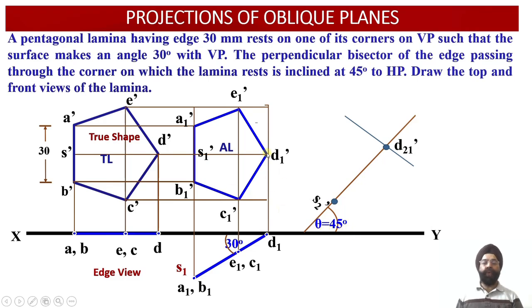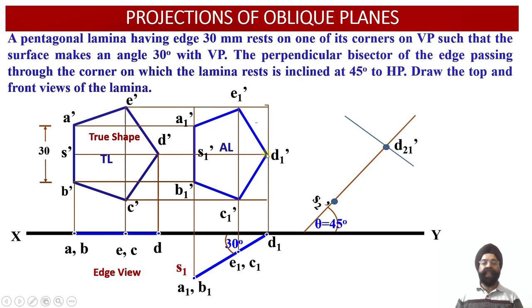But in this front view apparent shape projection, we have got this distance projected as an apparent length, and we are required to transfer this pentagonal front view apparent shape projection over here. So how can that be done? We have to evaluate angle alpha over here. So what is angle alpha?